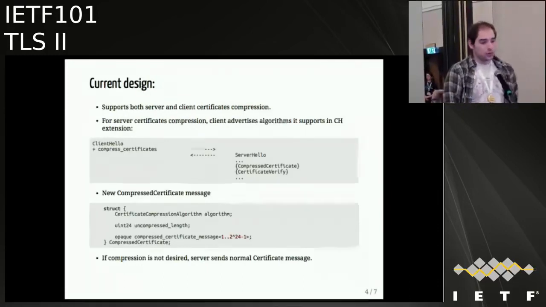The draft went through a few rounds of discussions already, thanks to everybody who participated. We now support compression for both server and client certificates. For server certificates, the client advertises the algorithms it supports as part of a client hello extension called compressed certificates.